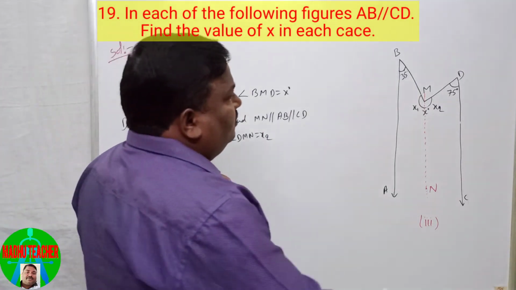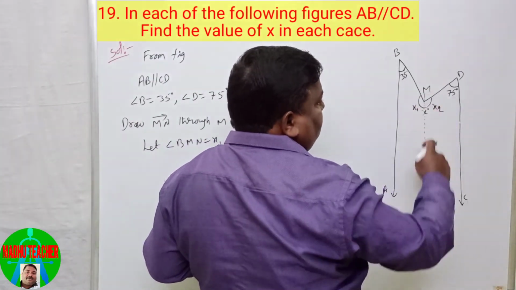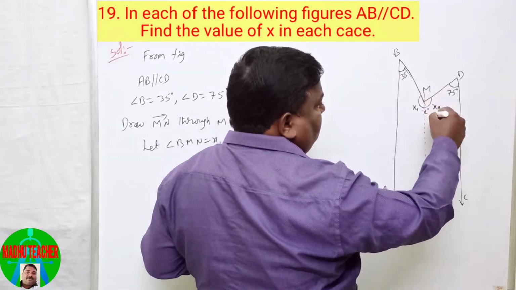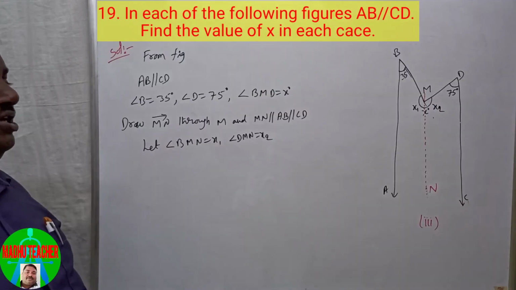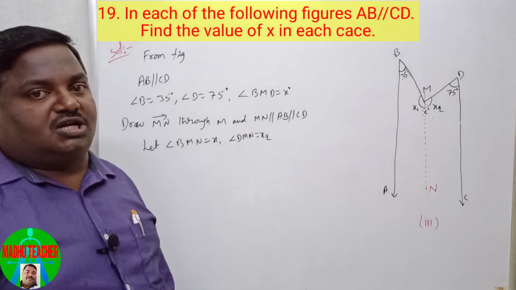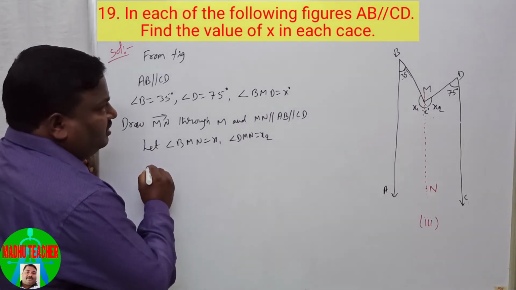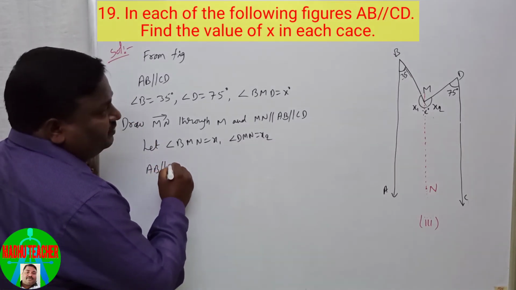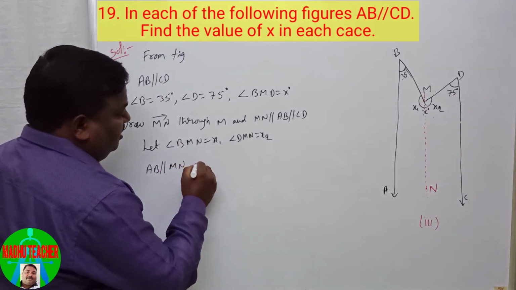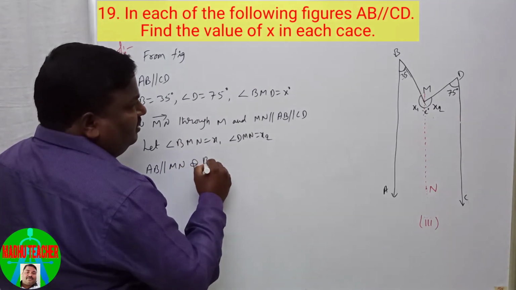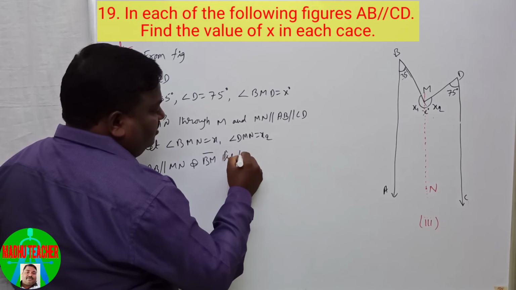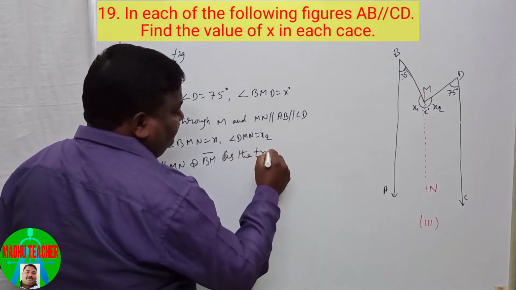Here these two are parallel lines and this is the transversal. So these two angles are interior angles on the same side of the transversal. So first I am taking AB parallel to MN and BM is the transversal.